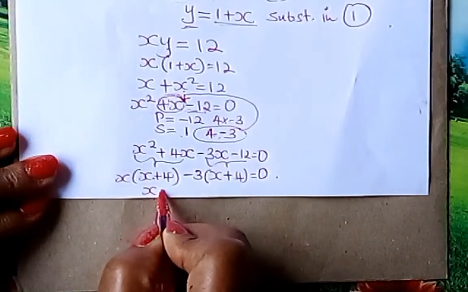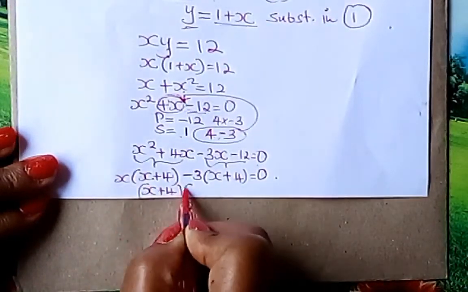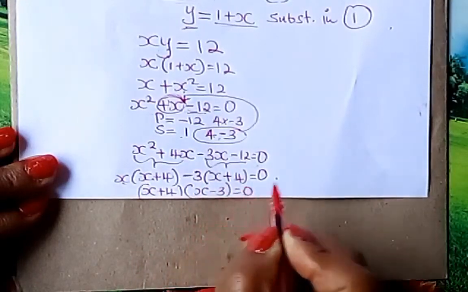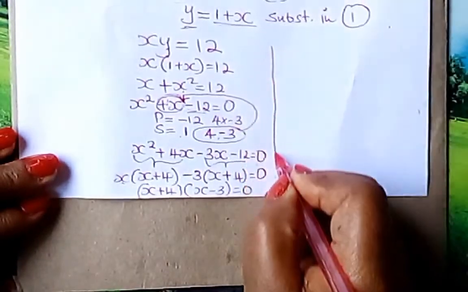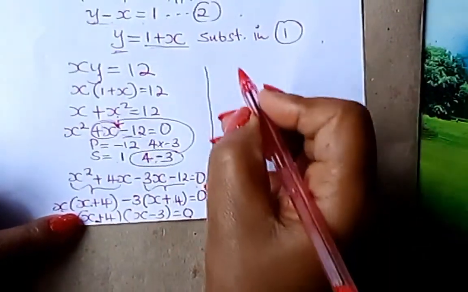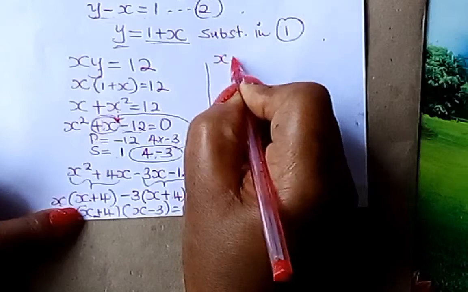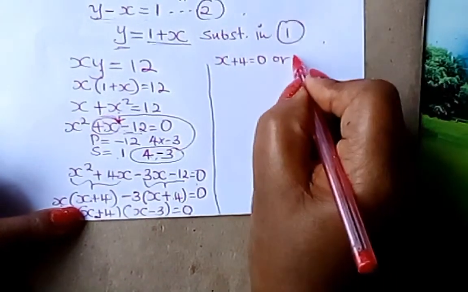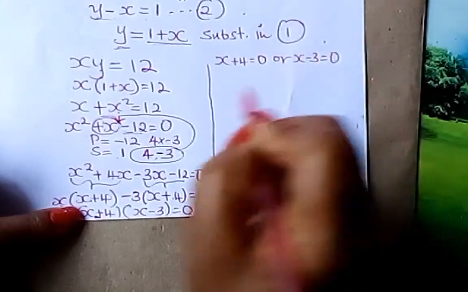So you write x plus 4, then you pick these others, x minus 3, is equal to 0. It means either this bracket is equal to 0, x plus 4 is equal to 0, or this other bracket, x minus 3 is equal to 0.